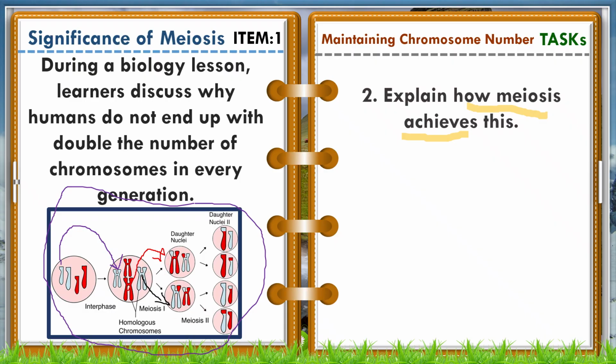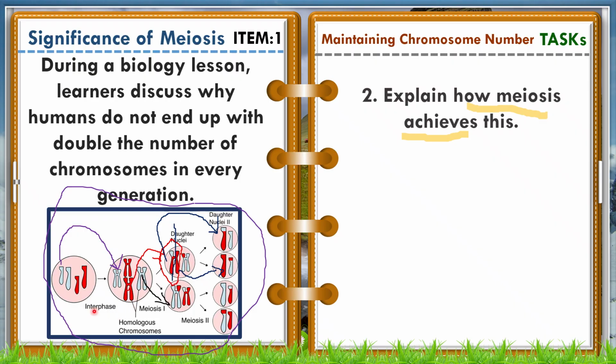When it separates, it will separate in the middle, so the sister chromatids have separated. This sister chromatid, this side, will go in this cell, and this sister chromatid, this side, will come in this cell. So you can see that in meiosis 2, it is the sister chromatids separating.